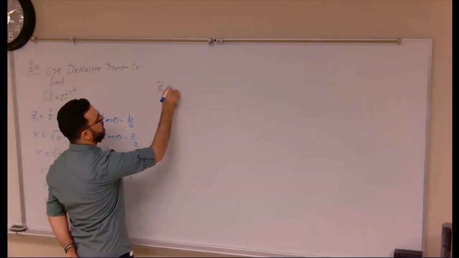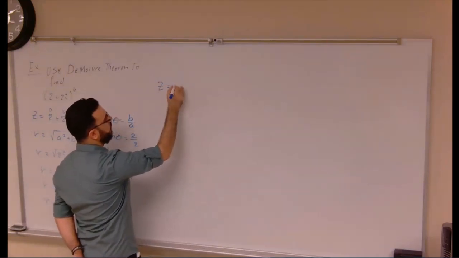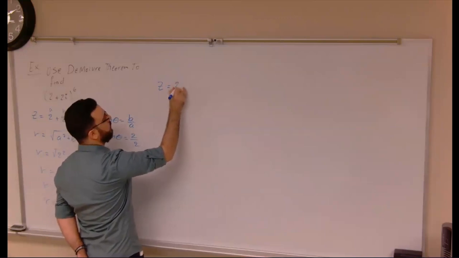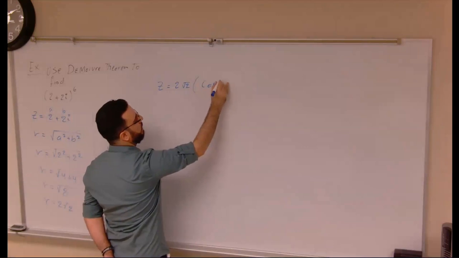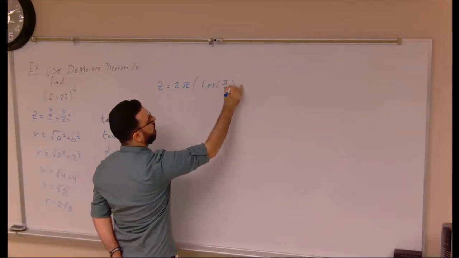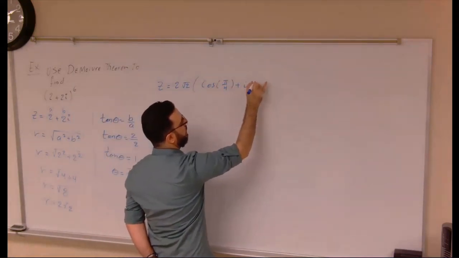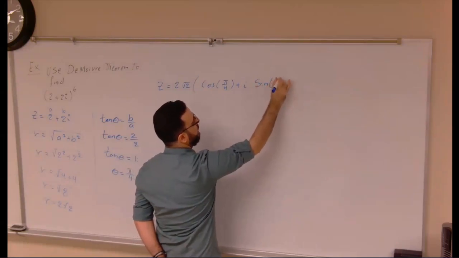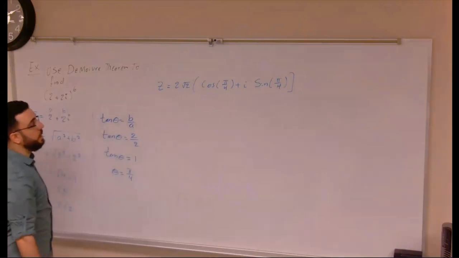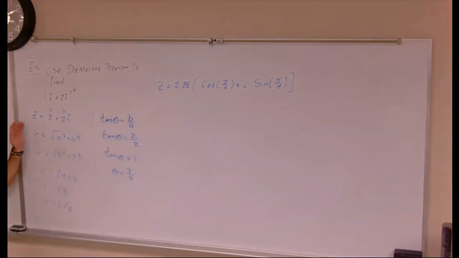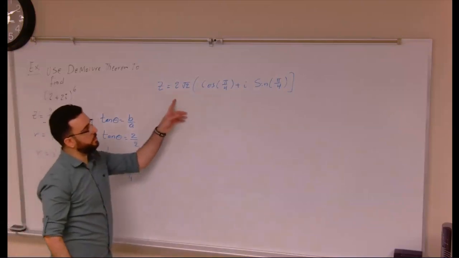So z is going to be equal to r, which is 2 square root of 2, cosine pi over 4 plus i sine pi over 4. So here is the complex number in trig form. Here is the standard form, and here is the trig form.